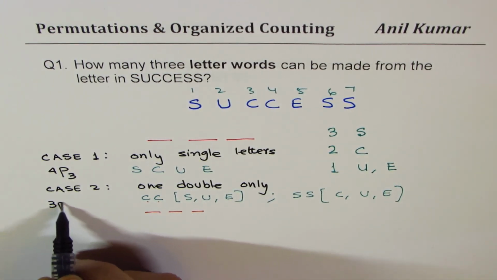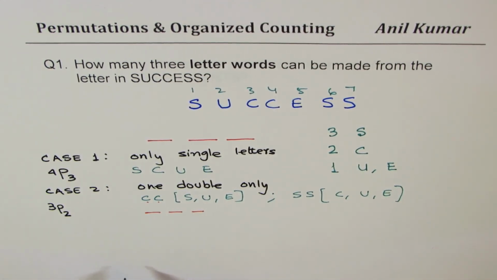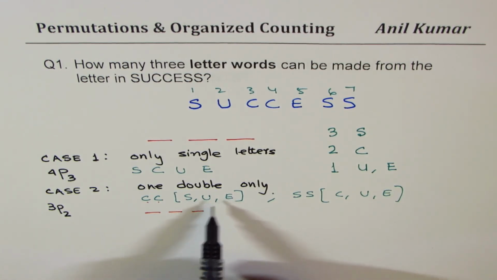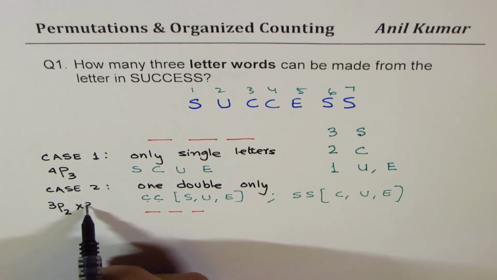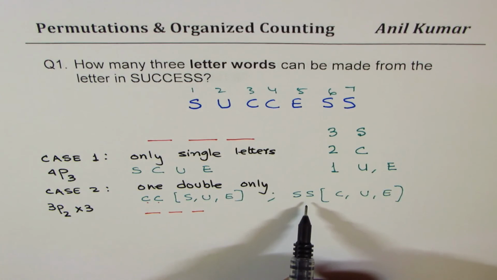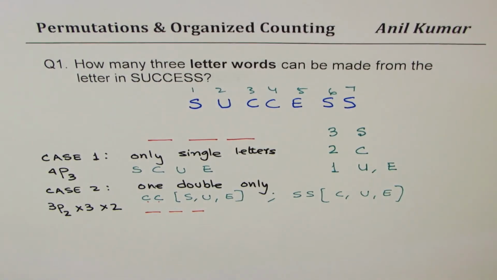So that becomes 3P2, correct? Two C's can be filled in. Now, once you fill in two C's, then one of these three can get in. So those are three different ways. So I'll multiply that by 3. And now we could have double with S also, so times 2. Does it make sense to you? Correct? So you get the idea.